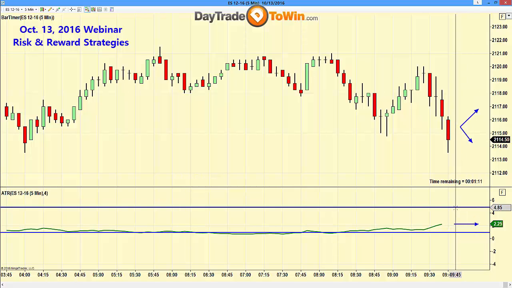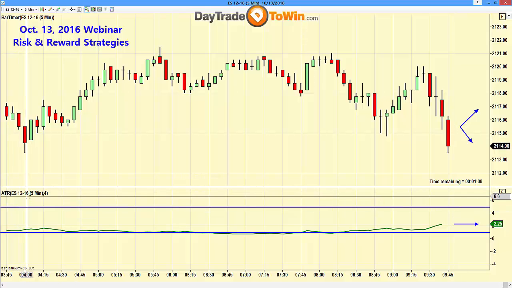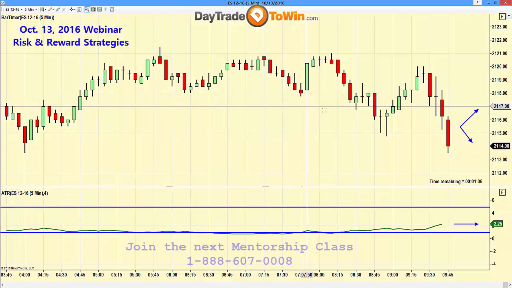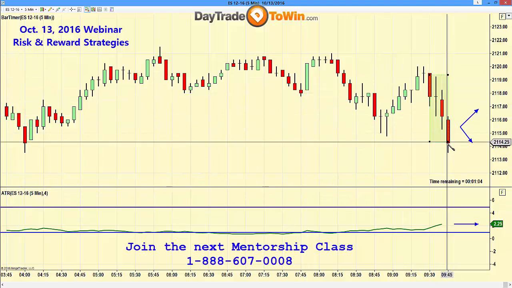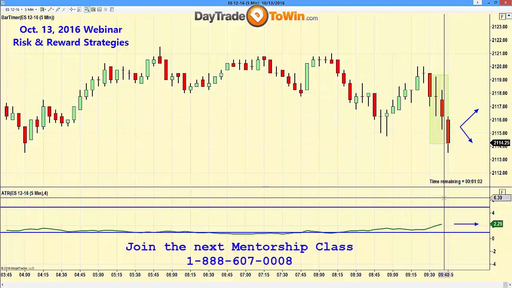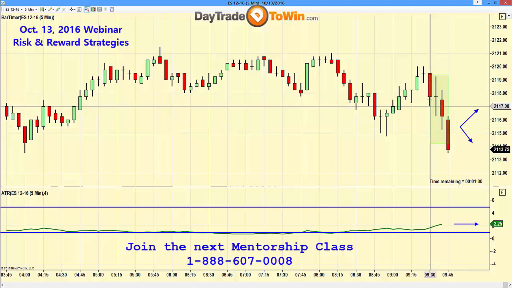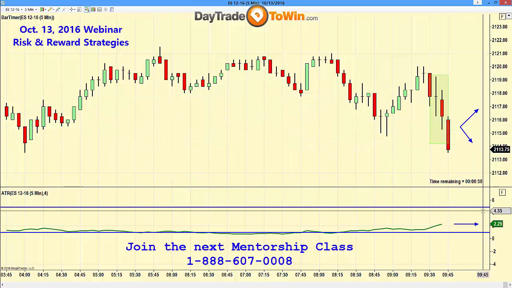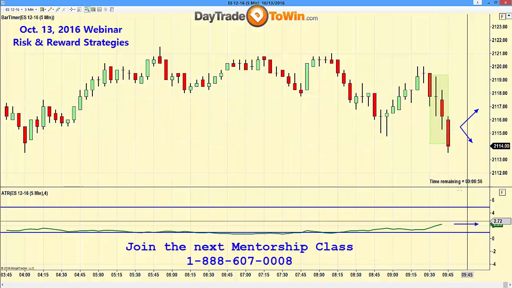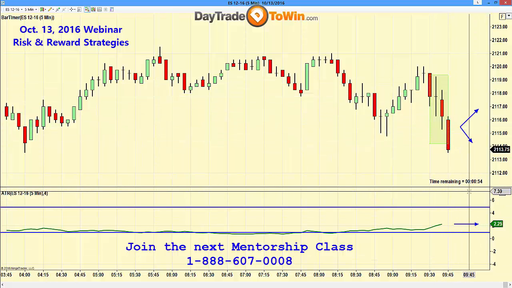So on a 5-minute chart, using this ATR, average true range of 4, it takes an average of the last 4 candles and says the market has, on average, made a high to low of about 2.25 points. Moving forward into the future, you can predict the same 2.25 points.